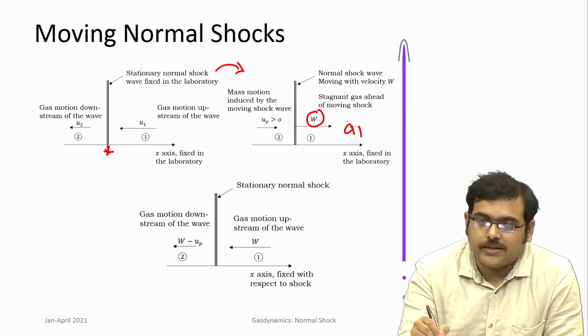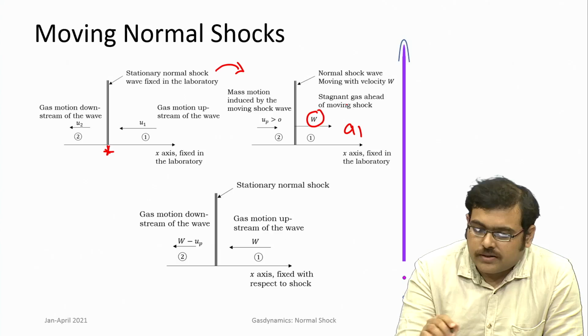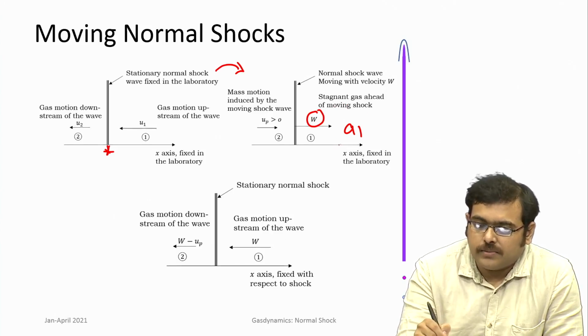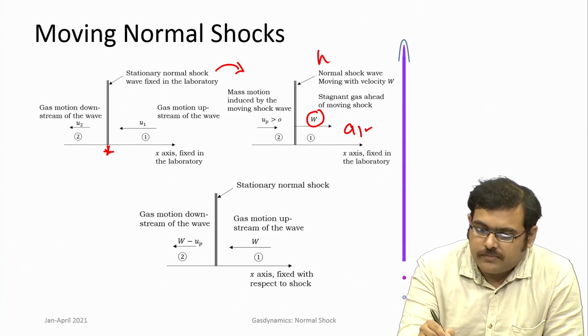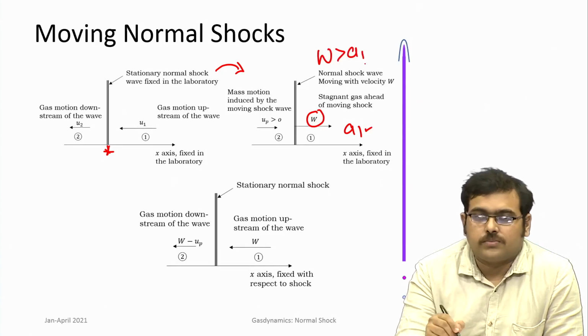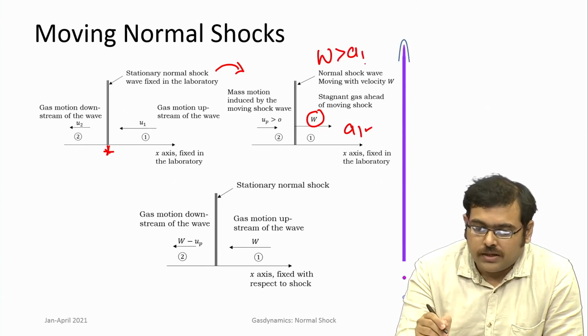Region 1 is the quiescent medium here. It is stationary, so it is stagnant. So, it is moving into the stagnant medium. So, the acoustic speed there is a1, and w is greater than a1. So, this must be very clear to all of you.